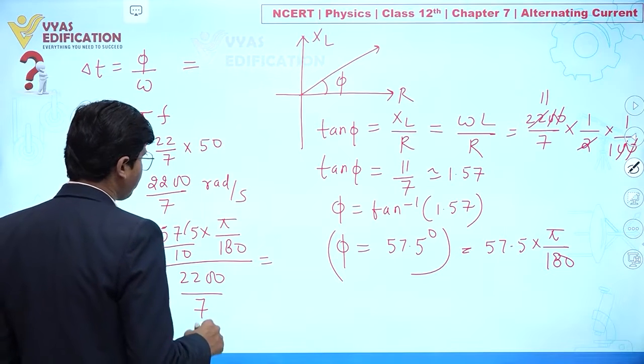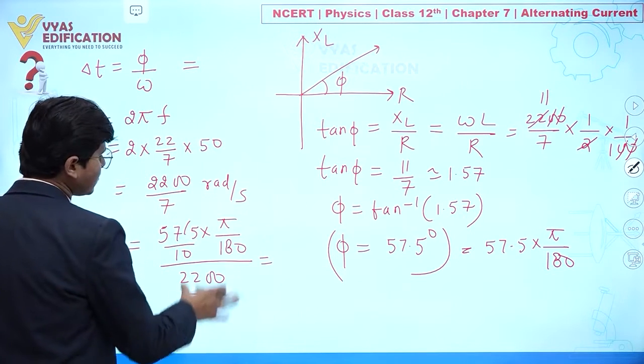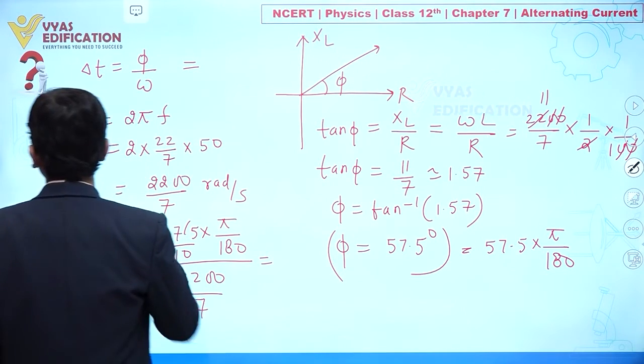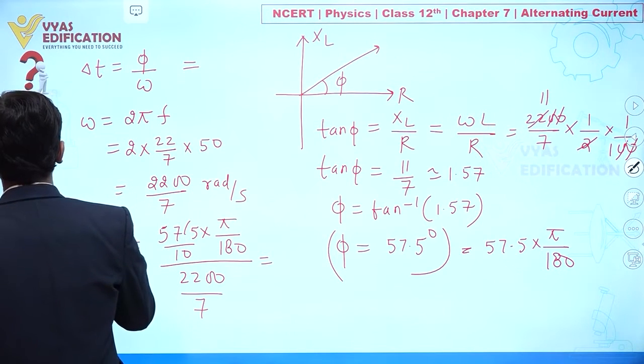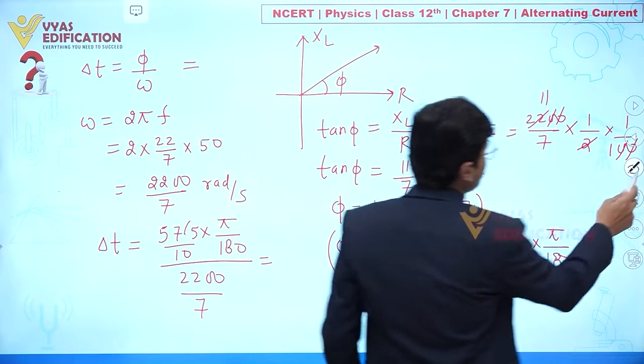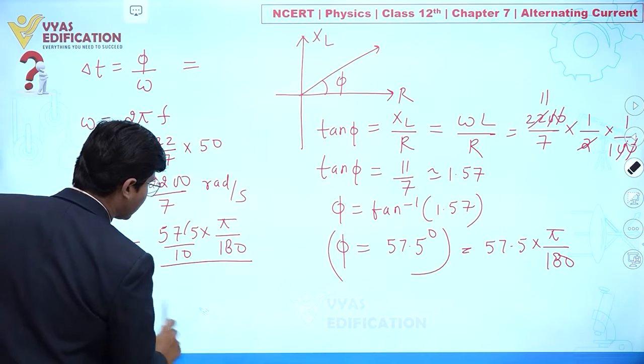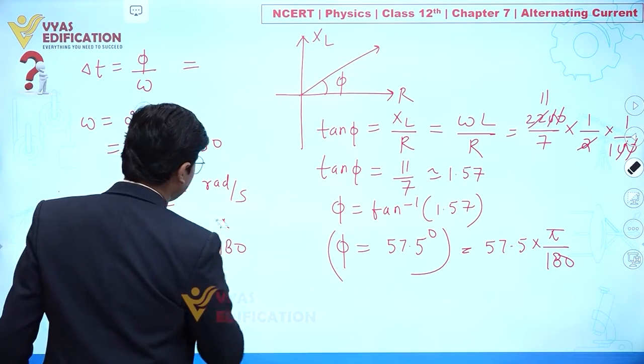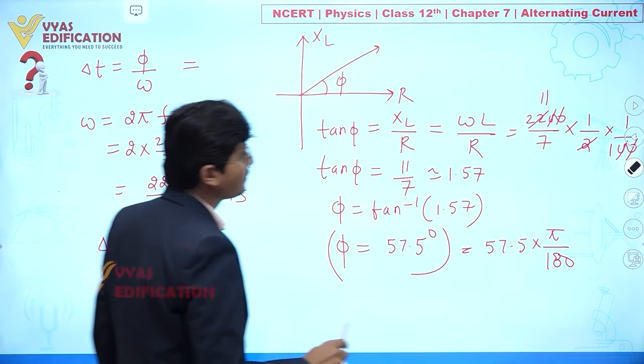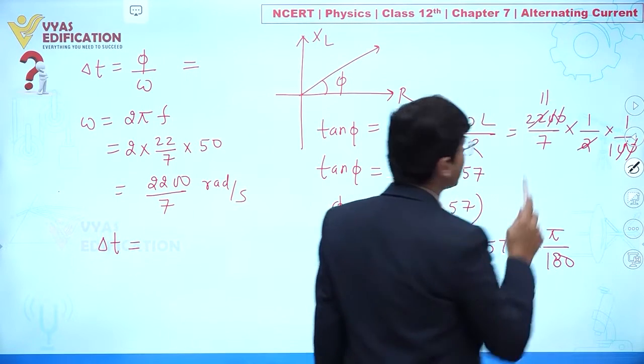And actually if we write this value in terms of pi, our calculation will be very easy. So concentrate. Let's suppose I write it like this: the value of delta t is equal to phi by omega.